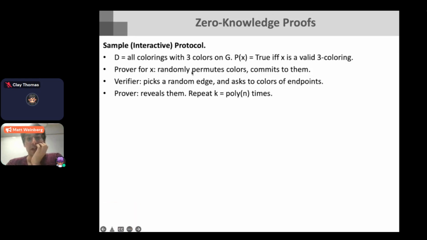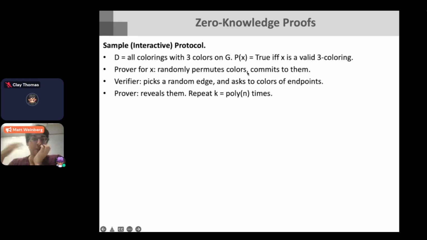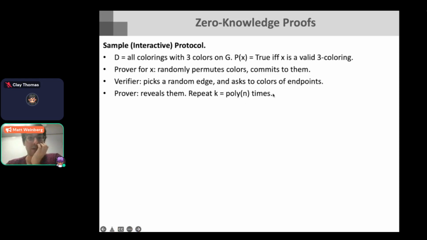The prover randomly permutes the colors, right? It has a 3 coloring in mind. It randomly permutes the colors and commits to them. Then the verifier is going to pick a random edge and ask to see the colors of those endpoints. The prover is going to reveal them, but only those 2 endpoints. And then you repeat this as many times as you want.